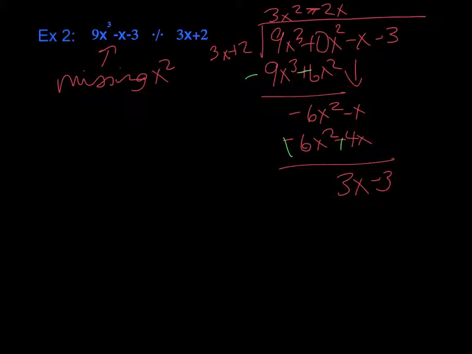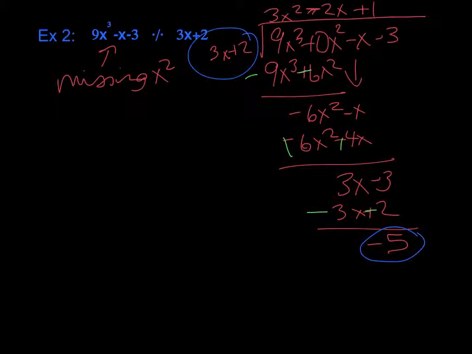And then you have to figure out what times 3x gives me 3x, which is just a 1. That gives me 3x plus 2. And when you change signs, this time you have a remainder of negative 5. So if you remember from elementary school, you write your remainder over your divisor.